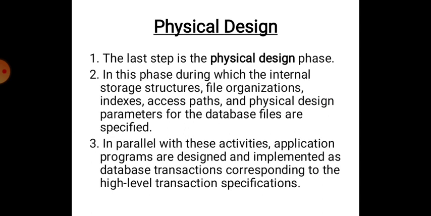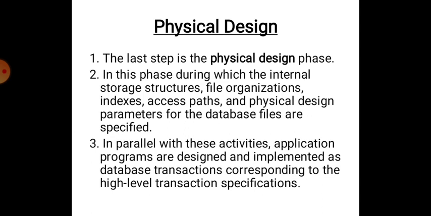Next is the physical design. That is, here you have to consider database storage medium, how the data can be retrieved and stored. Point number 1. So this is the last stage. The last step is the physical design phase. In the diagram you can see this is the last phase. Point number 2.